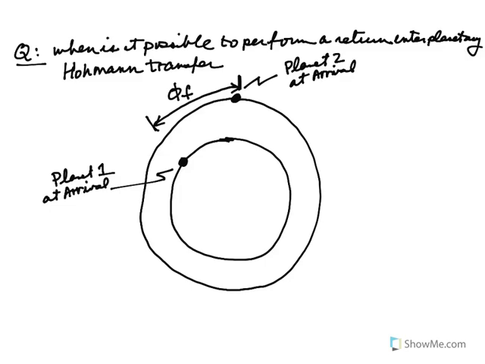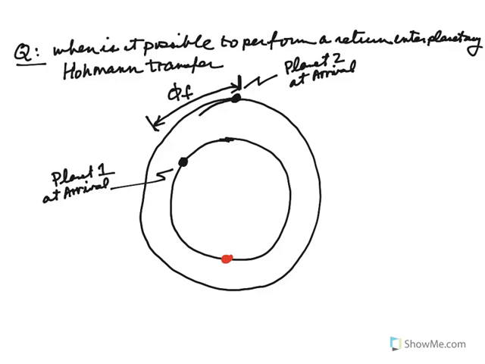I'm going to mark this in red. Planet 1 was here at the start of the transfer. So in order to execute a return transfer, we need to traverse the same angle during the return in order for planet 1 to be back at that red location. So here's the return transfer.